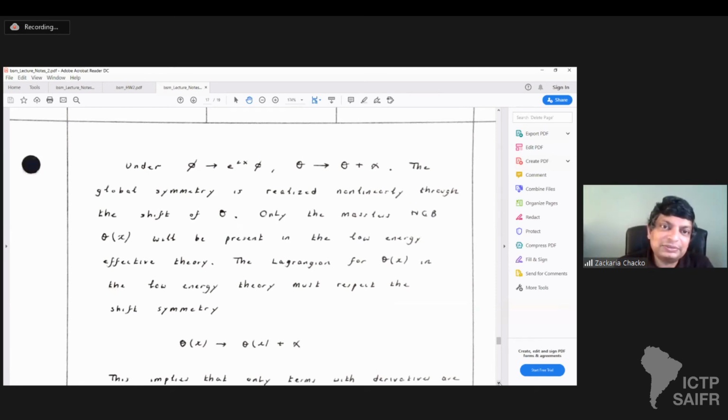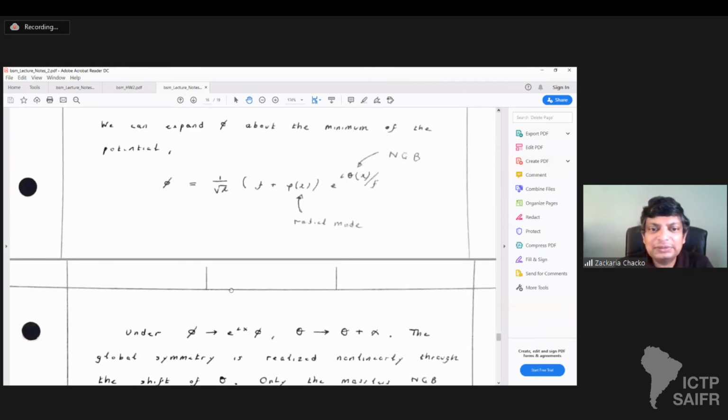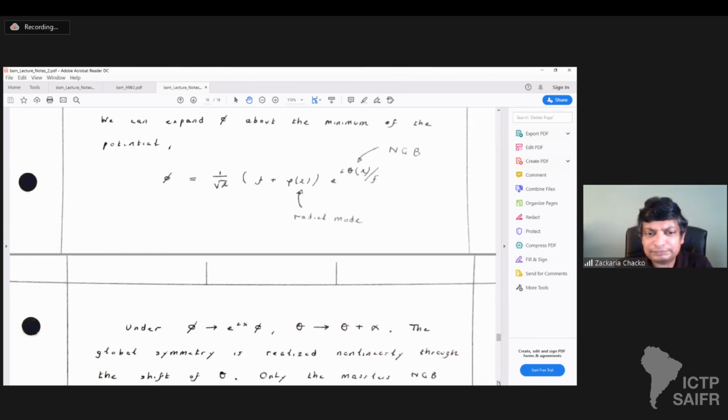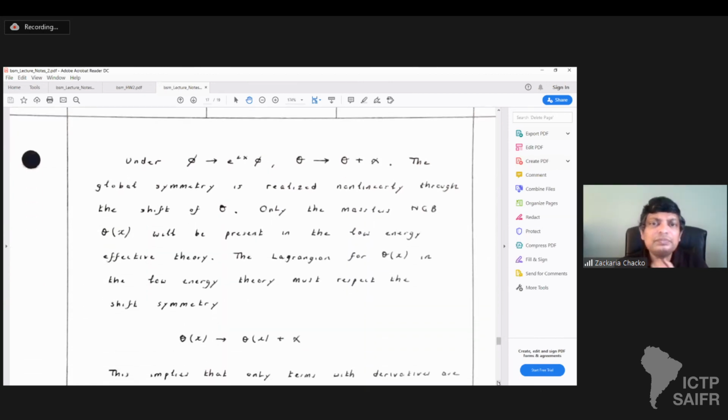Under phi goes to e^{i alpha} phi, you can see just from the definition of theta that theta is shifting as theta goes to theta plus alpha F. Actually there should be an F here, it's a typo. So the global symmetry is realized non-linearly through the shift of theta.